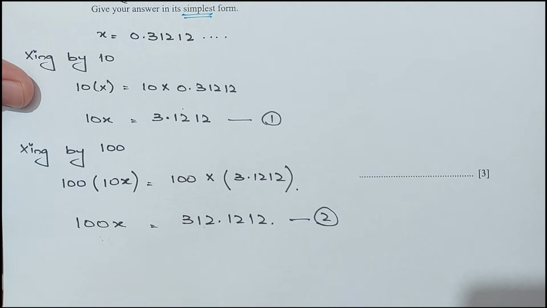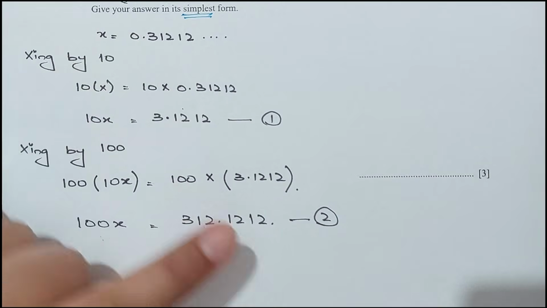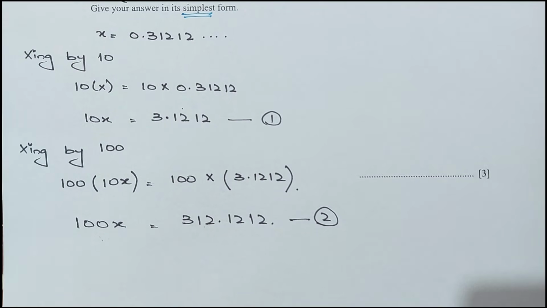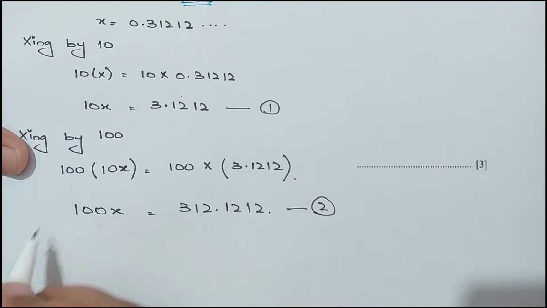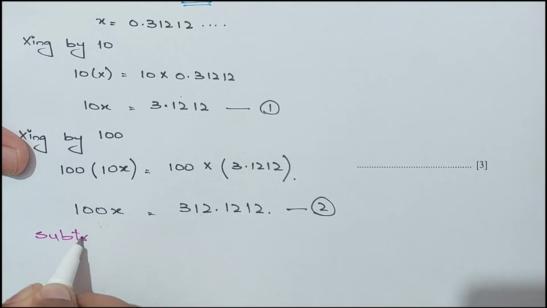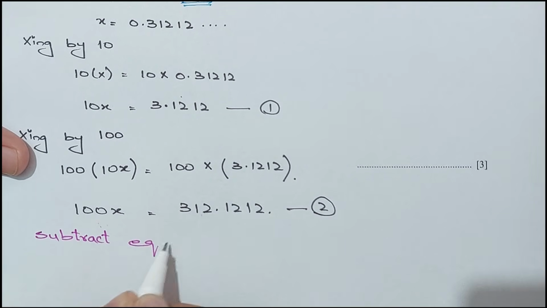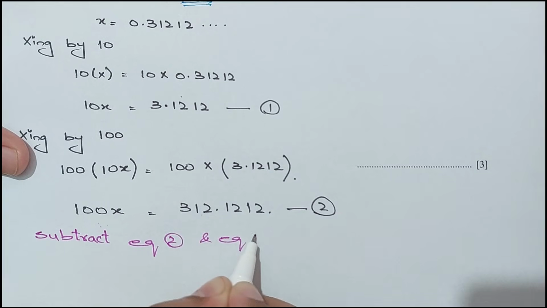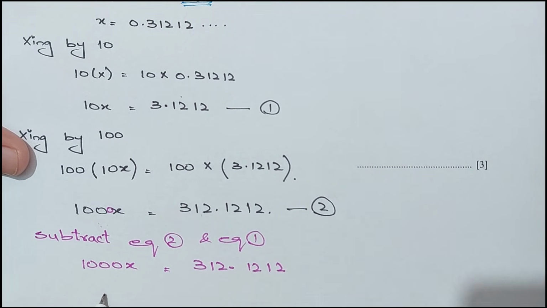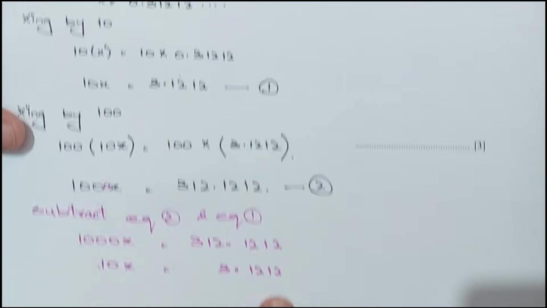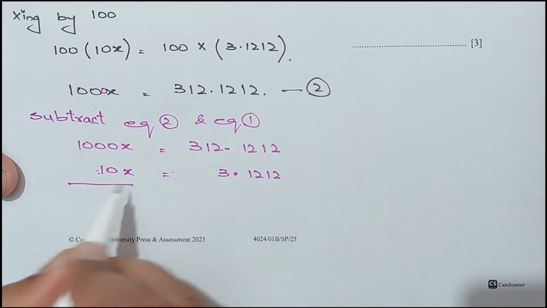Now, after shifting the non-recurring number and the two recurring numbers before the decimal point, you have to subtract the two equations, right? We can say subtract equation 2 and equation 1. So it's 1000x equals 312.1212, and this would be 10x equals 3.1212. Let me subtract them.